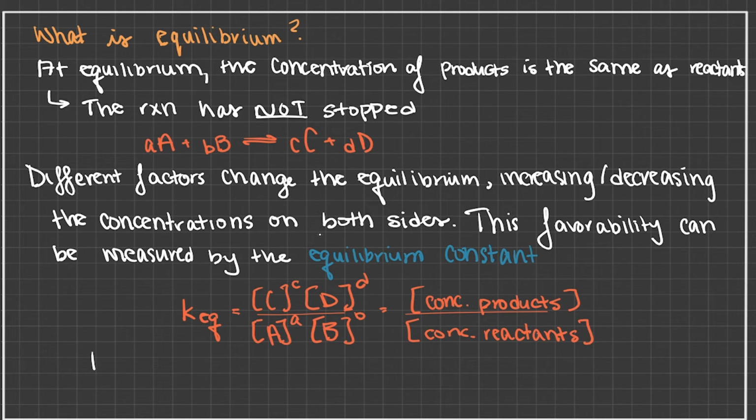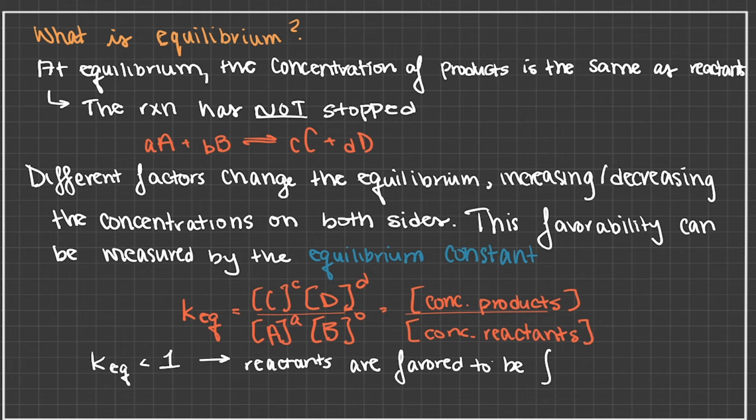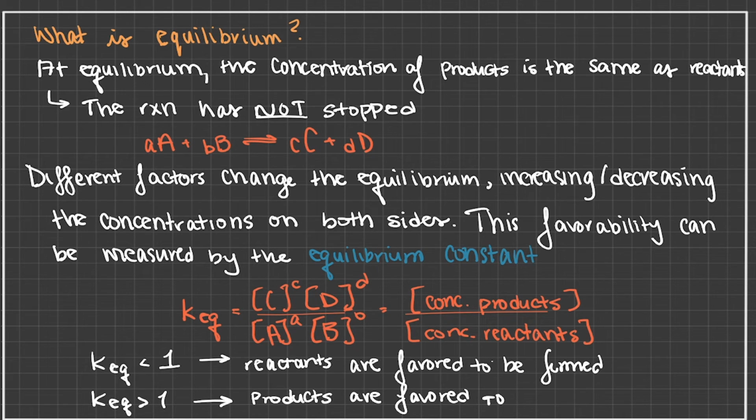If our equilibrium constant is below 1, that means that our reactants are favored to be formed, rather than our products. If KEQ is greater than 1, this means that our products are favored to be formed, and that the reaction is favored in the equilibrium of the products.